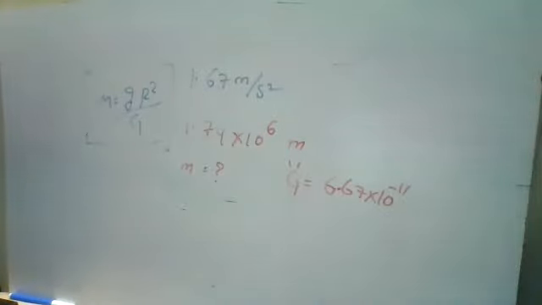Then small g is 1.67, r is 1.74 into 10 power 6 meters, capital G is 6.67 into 10 power minus 11.